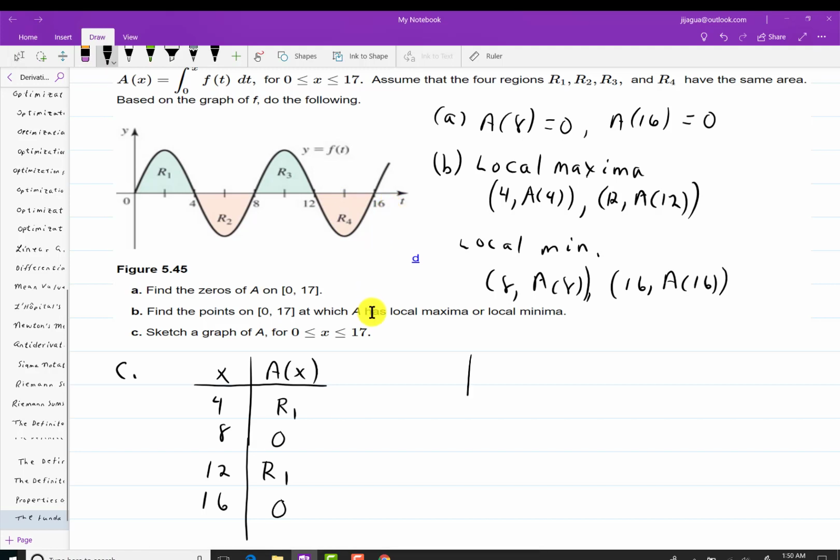So if I made a picture of this, let's say this is R1, and of course 0, 0 is right here.